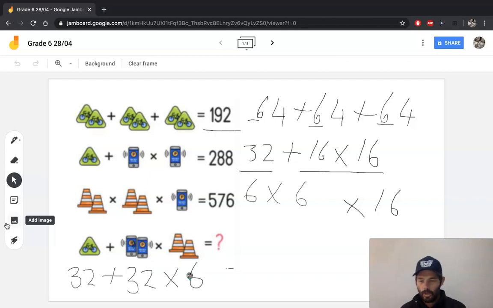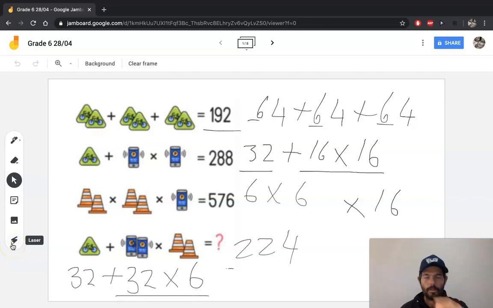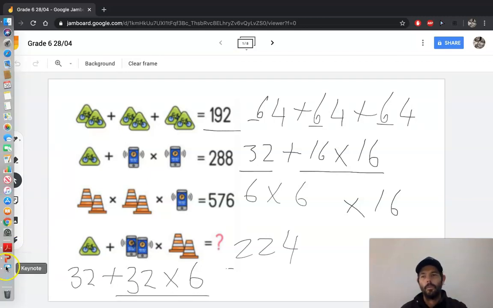Okay, and you should know that I do the multiplication first. Okay, so 32 times 6 is 192, and then add the 32 and you get 224. Okay, well done if you worked through that, and if you managed to get it. I thought that was a little bit trickier than some of the ones we've had before.